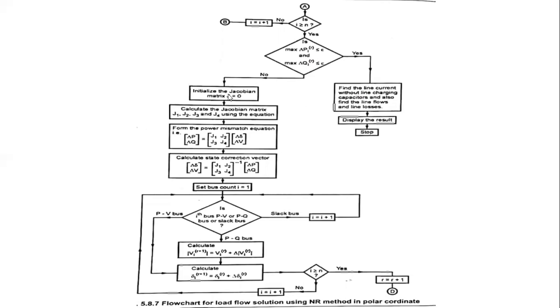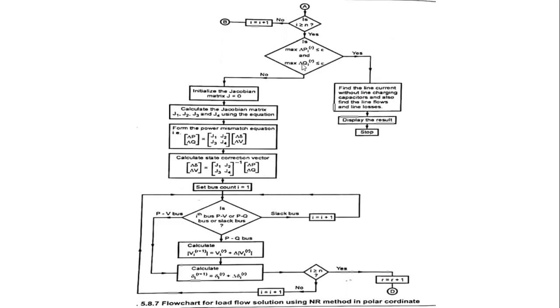If it is no, initialize the Jacobian matrix. If we check that P1 is less than or equal to epsilon value, the condition will be satisfied. Then find the line currents and display the result and then stop.